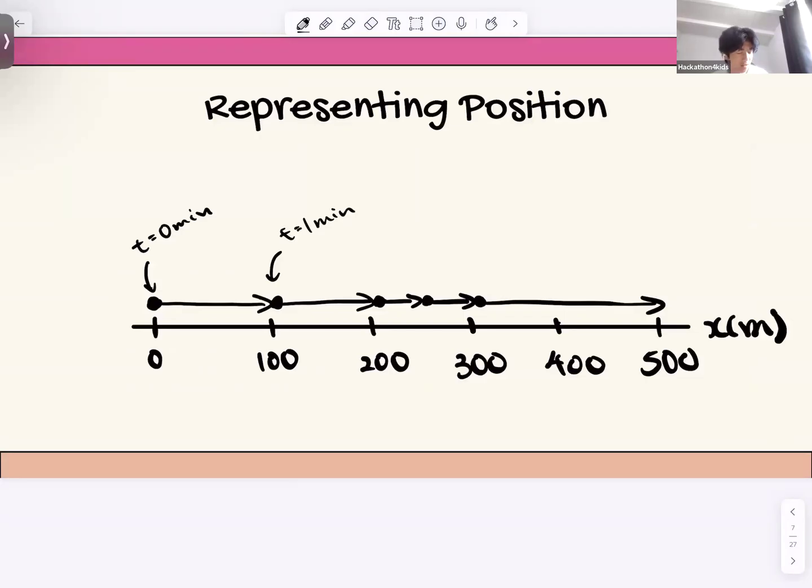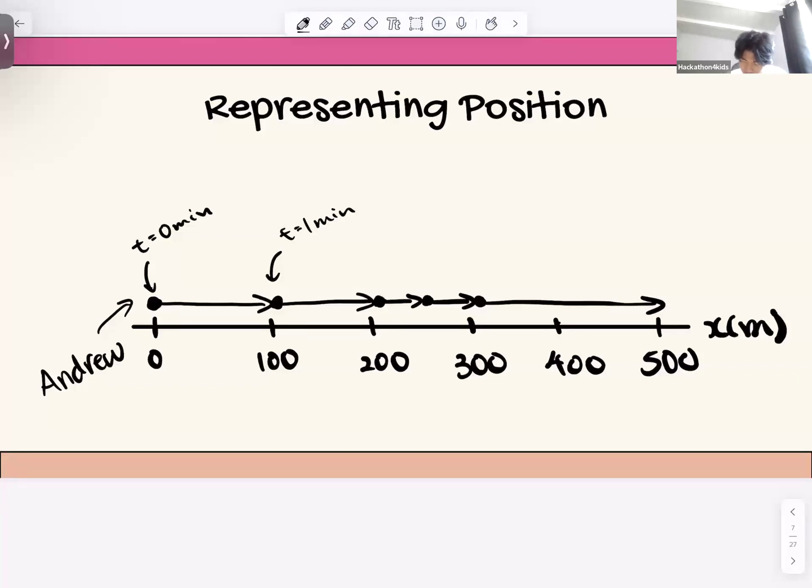So let's try to represent position for a second. What you're looking at here is a motion diagram. Let's say this dot is Andrew.